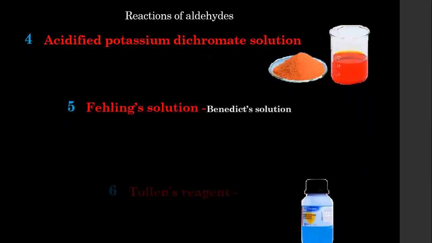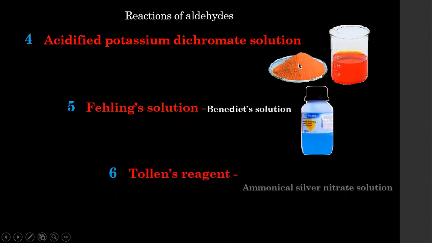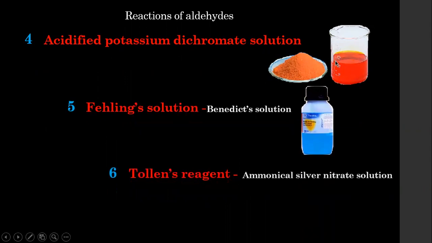You can see this acidified potassium dichromate solution. It has one of the most beautiful colors that you can see in a laboratory. The second one is Fehling solution, Benedict solution. It's blue. And then Tollens reagent, ammoniacal silver nitrate solution, is a totally colorless solution.